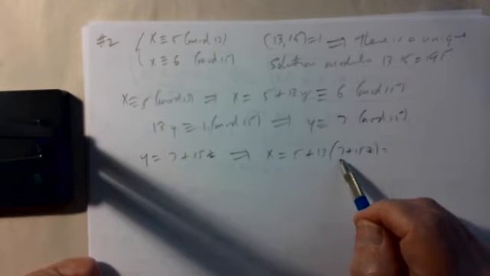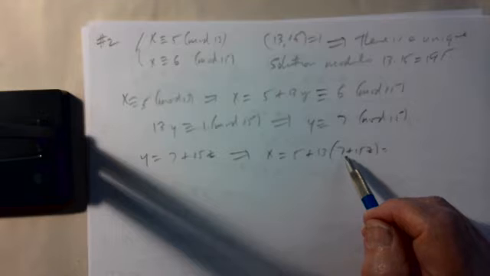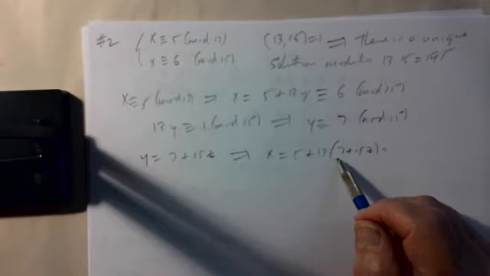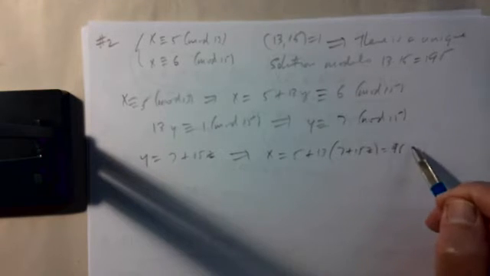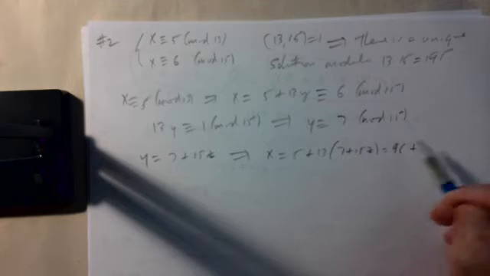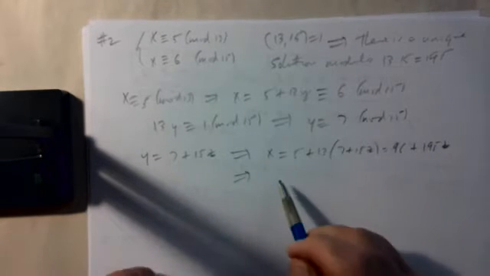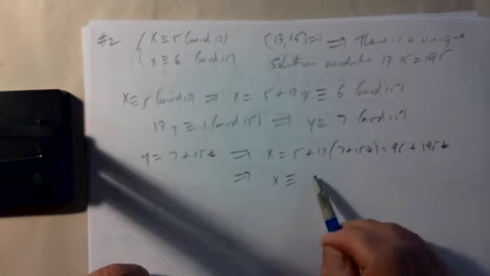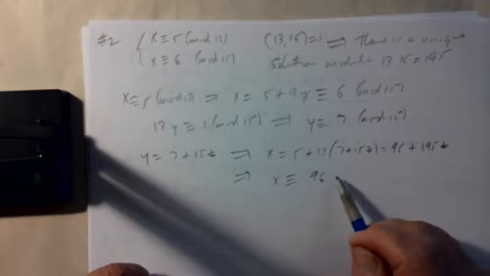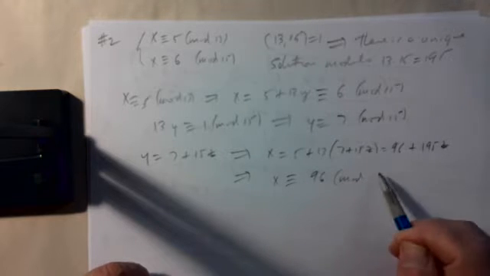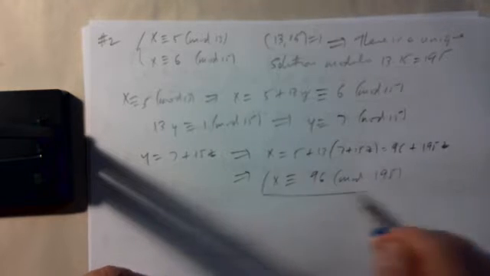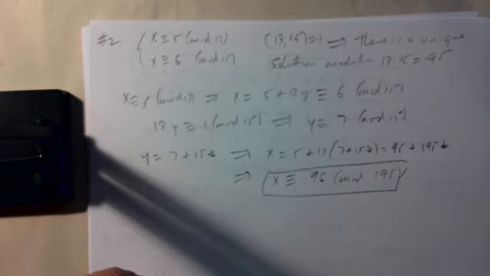Let's see, 13 times 7 is 91 plus 5 is 96, plus 13 times 15, 195z. So the solution is all x congruent to 96 modulo 195.